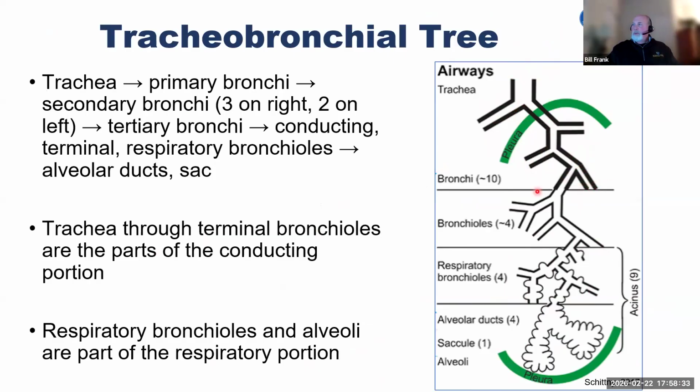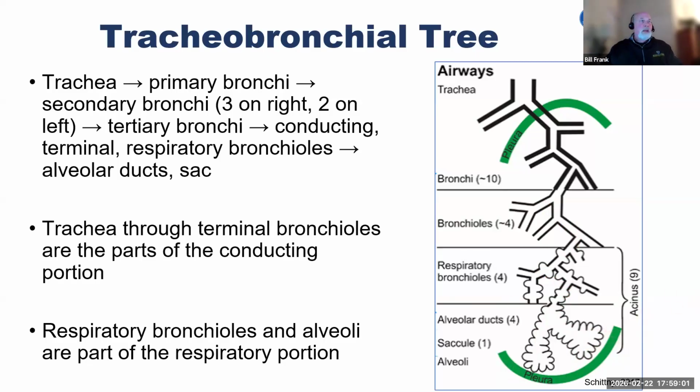From there, we will get the loss of cartilage, and we will now see bronchioles, the conducting bronchioles, and then the respiratory bronchioles. From there, it's going to further divide into alveolar ducts and saccules, and eventually alveoli, which are going to be at the most outer part of the lung next to the visceral pleura.